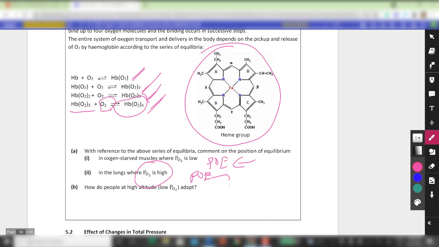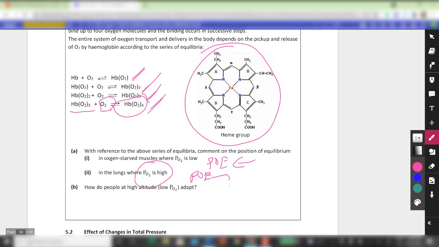Okay, so how do people at high altitude, with low partial pressure of oxygen, adapt? Well, if the person lives in high altitude for a long period of time, if you believe in evolution, the genes will maybe cause the body to react in such a way that at any one point in time they will have more hemoglobin molecules than us.